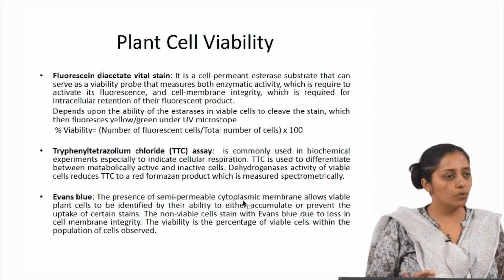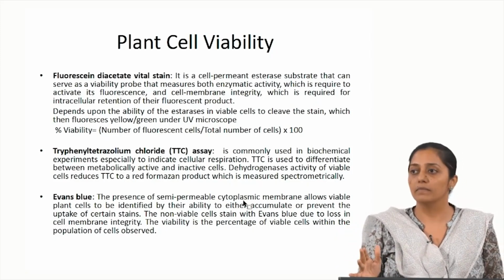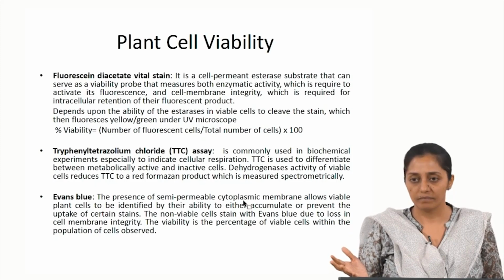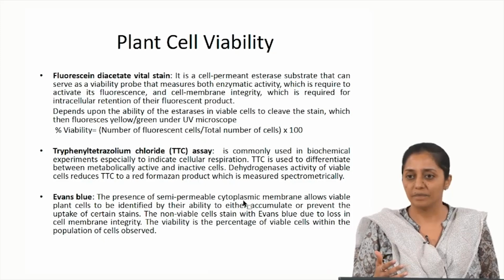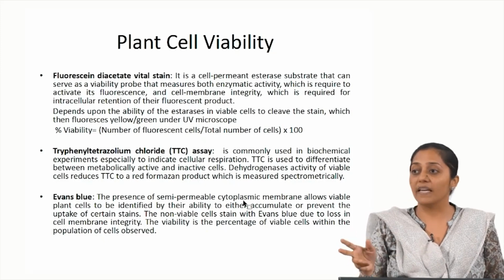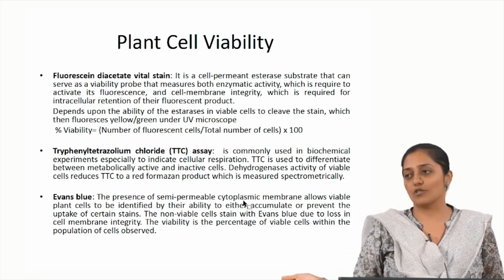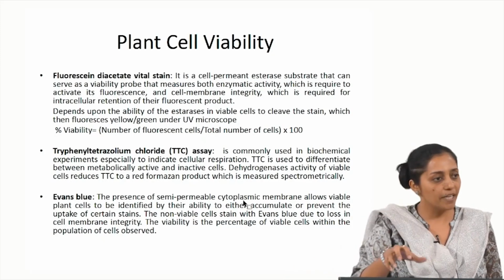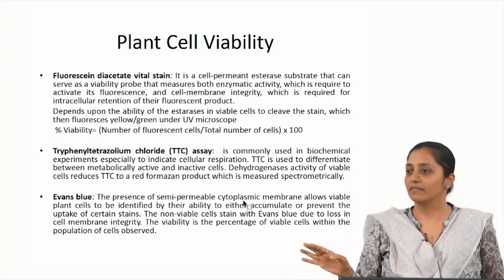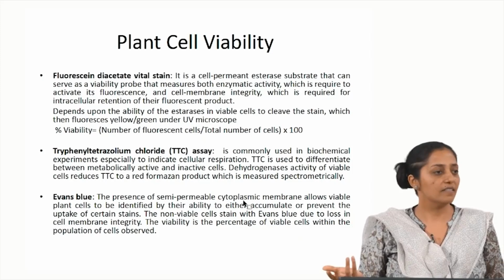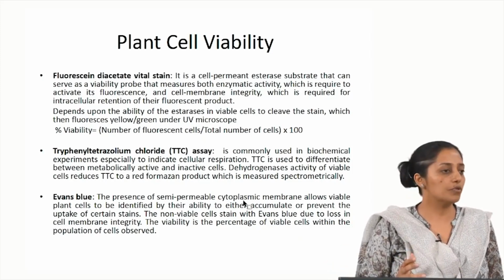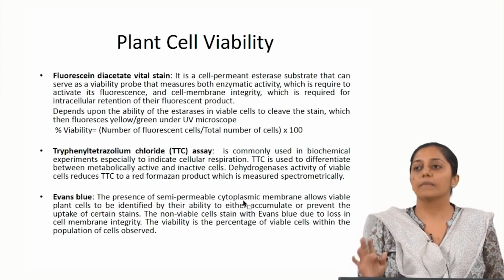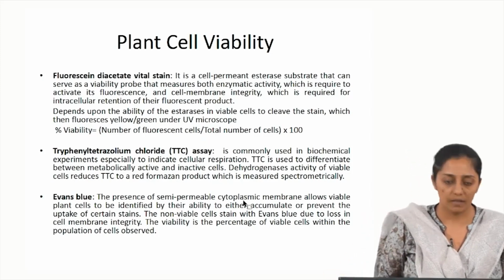In Evans blue, dead cells become blue. Because the cell membrane integrity of the non-viable cells is not there, the dye will be able to get in and stain the cell. That is why Evans blue can be used for determining the viability of plant cells.